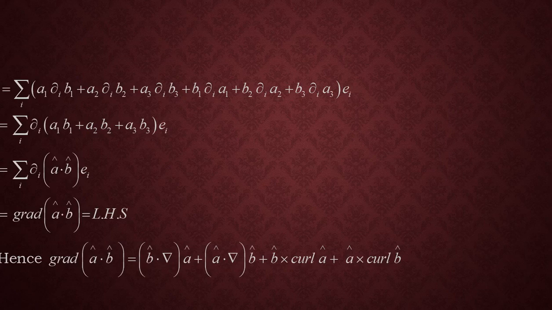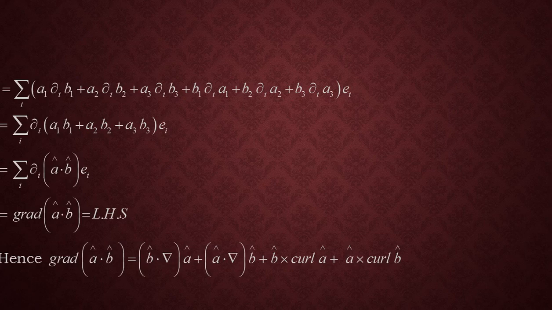These two negative terms cancel with the first two terms, B cap dot del times A cap and A cap dot del times B cap. So among the four terms, two terms get cancelled. We are left with only two terms.